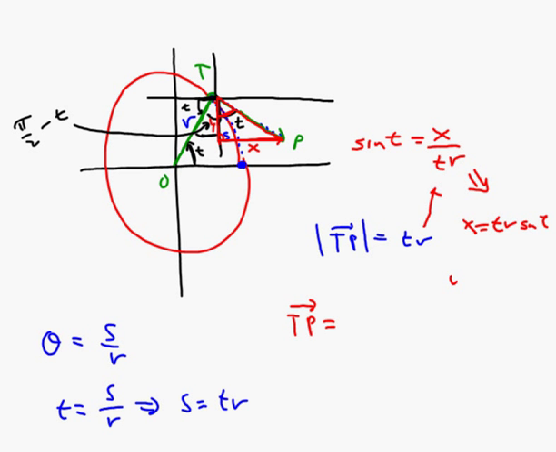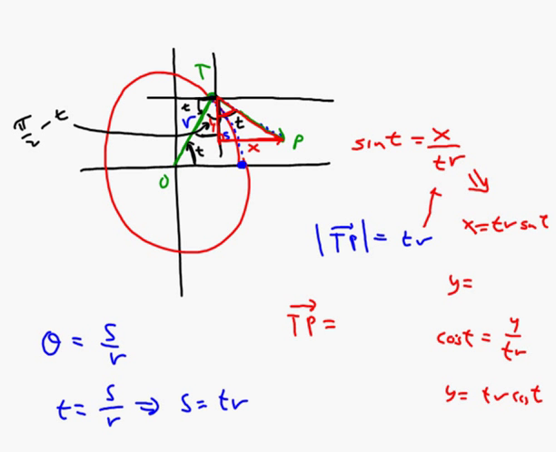Okay. And then y would equal, well, we'd use the same kind of reasoning. We'd end up with cosine of t, however, because the side y in this little red triangle is adjacent to the angle, so cosine t would equal y over tr, or rt. So y equals tr cosine t.